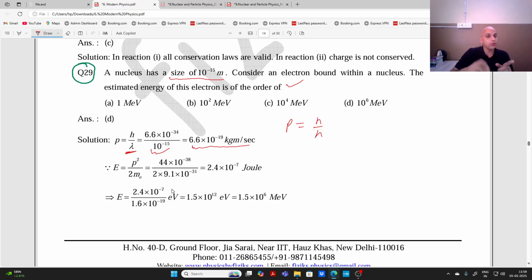So the wavelength should be either equal to or less than the size of the nucleus. Here they have taken equal. So this is the momentum. Then they calculated the energy, E is equal to p square upon 2 m e, and then converted it into mega electron volt. So this is the correct answer, 1.5 into 10 raised to power 6 mega electron volt. So the correct answer is of the order of this.